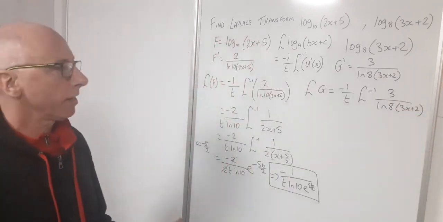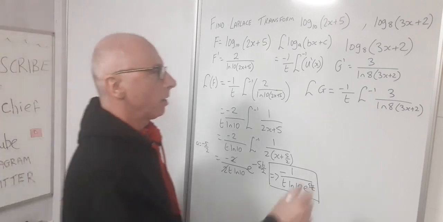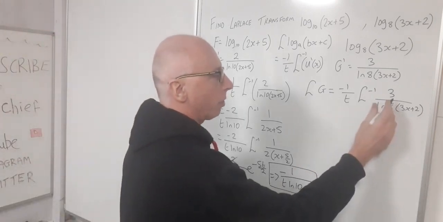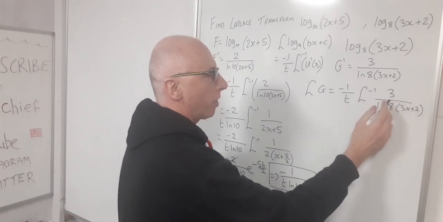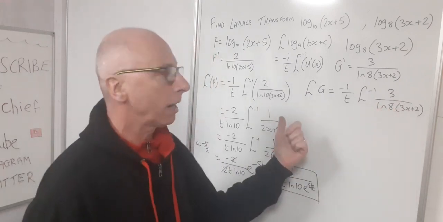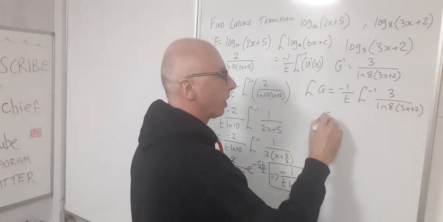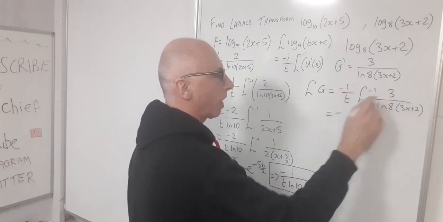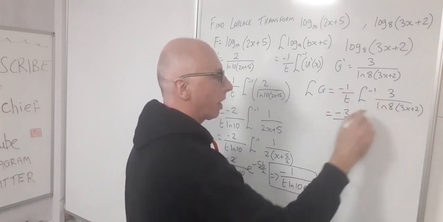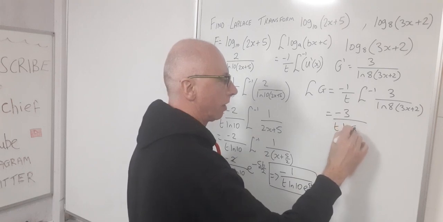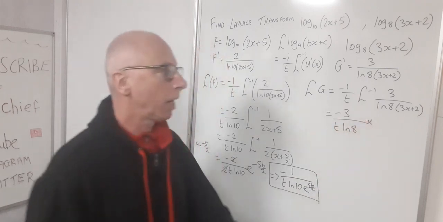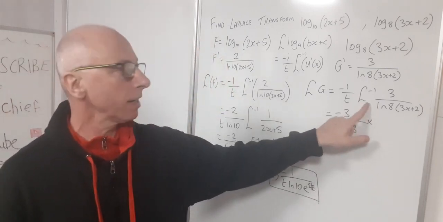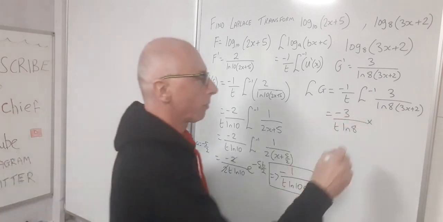Okay, right, let's deal with that. So now 3x plus 2 will stay there. I'll have my 3 over ln 8. That can come out as a constant multiple. So now I've got minus 1 times 3, over t times ln 8. And then all this is multiplied by the inverse Laplace of 1 over 3x plus 2.